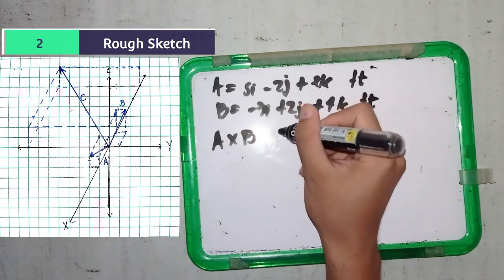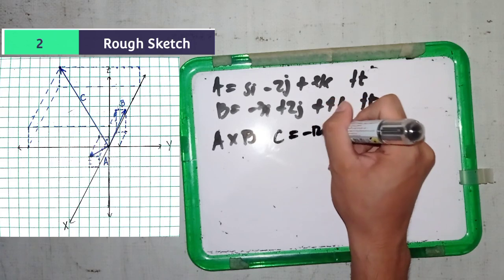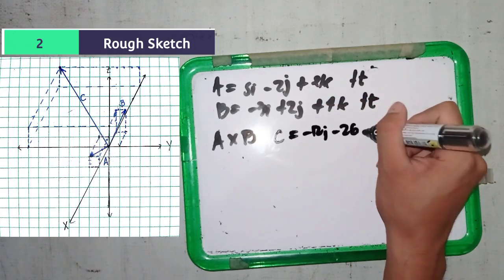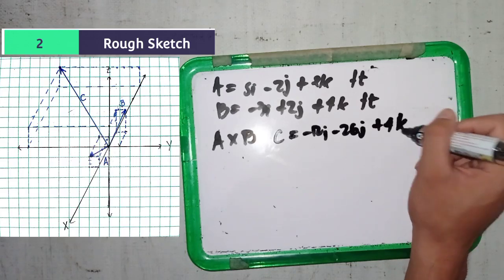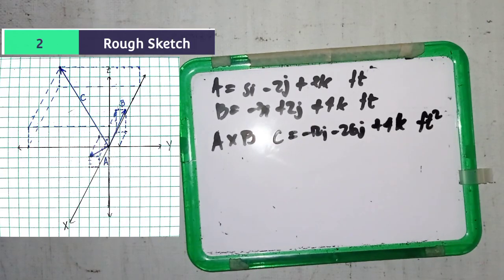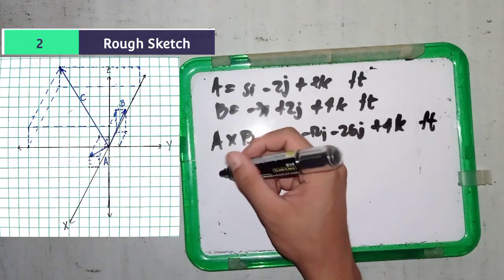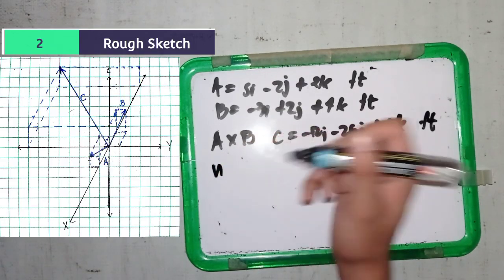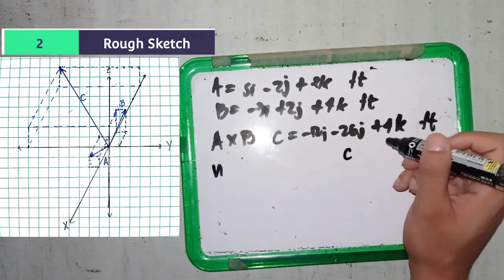Now we have created C vector. This will be -12i minus 26j plus 4k, and our unit here is feet. And next we are going to find the unit vector, but before that we need to find the magnitude of it.